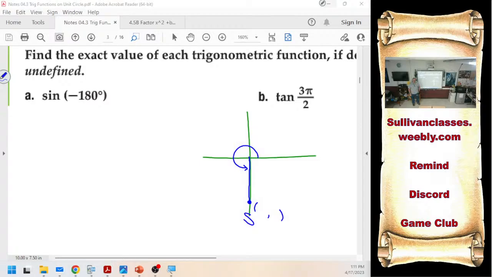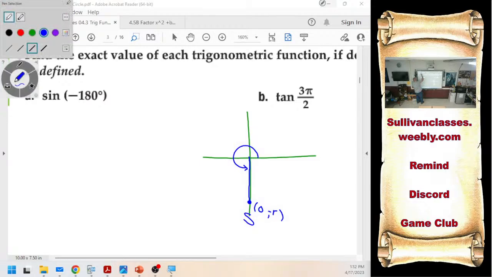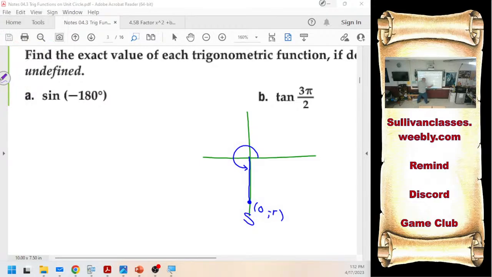Close. x is 0, y is negative r. Coordinates show direction. So if I'm right there, x is 0, y is negative r, and r is r, because the distance from the origin to this point is r units.